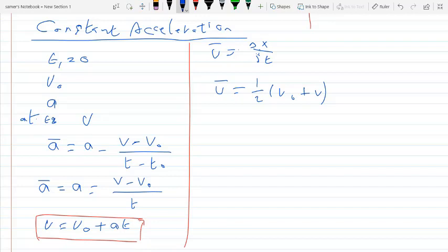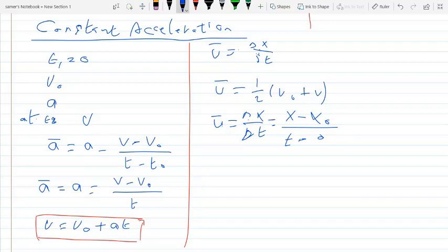Now, we also know that v average is equal to delta x over delta t, and this is equal to x minus x0 over t minus 0.